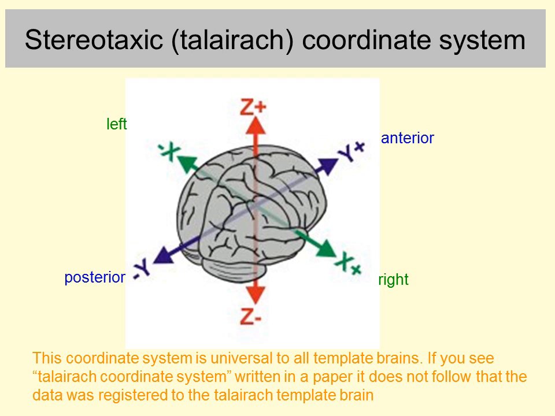So positive values of Y are anterior, the front of the brain. Negative values of Y are posterior, the back of the brain, where the visual system and so on is. Negative values of Z are the bottom of the brain and the cerebellum under the brain. Positive values of Z are near the top of the brain.